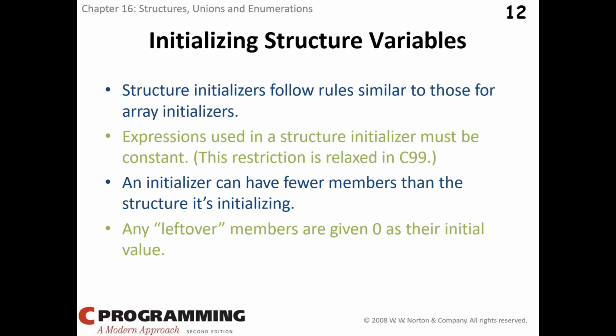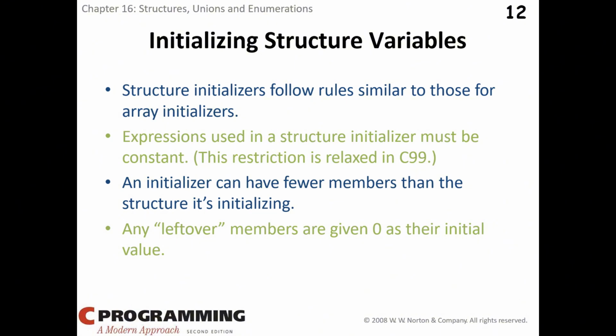For instance, let's say we have a structure representing a point in 3D space with members for x, y, and z coordinates. If we initialize a variable of this structure type with only two values, such as 10 and 20 for the x and y coordinates, the z coordinate will be defaulted to 0.